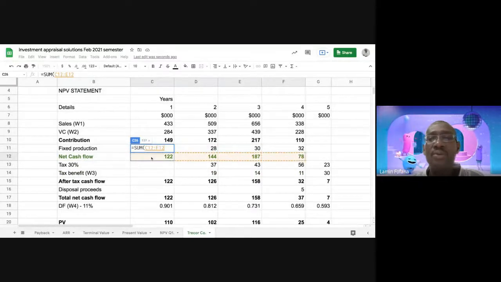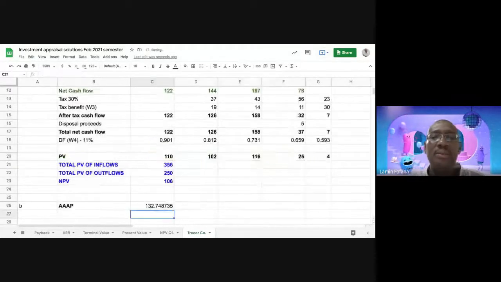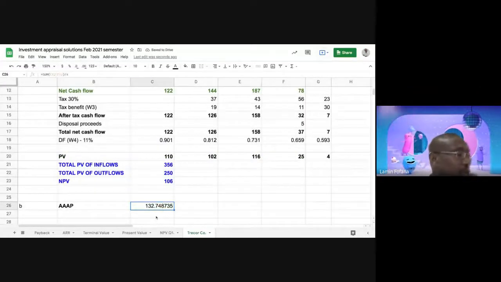Okay, we're going to add all of them, and we divide it by 4 years. Is that clear? So we add all this and we divide it by 4 years.